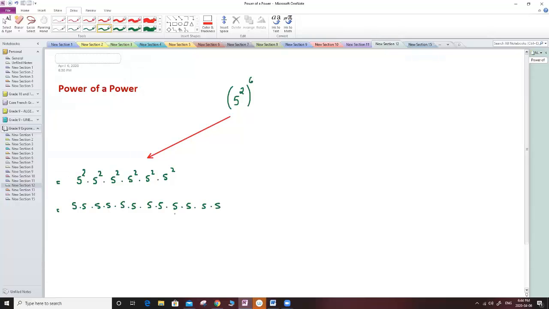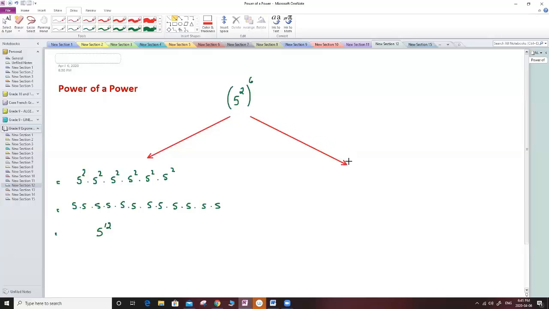If I count 1, 2, 3, up to 12, that means the answer is 5 to the power of 12. Too much work. And every time the numbers are greater, the work will be more and more.